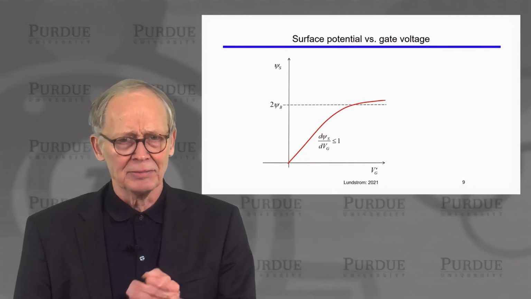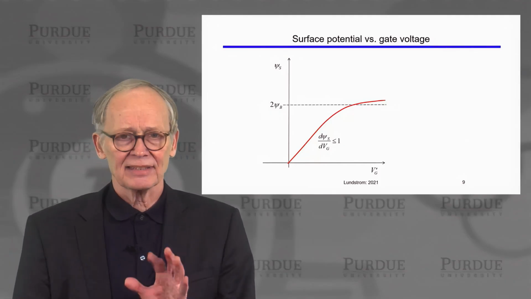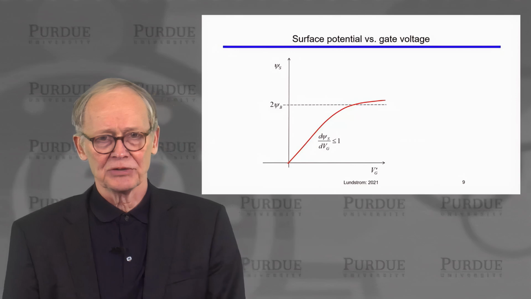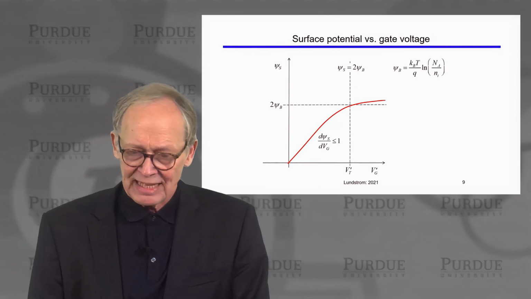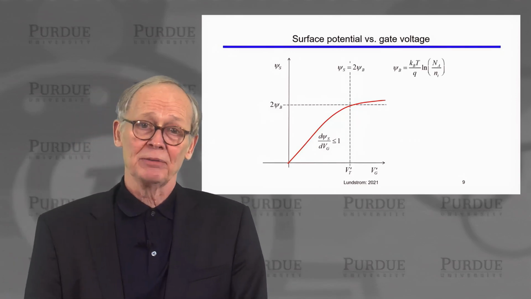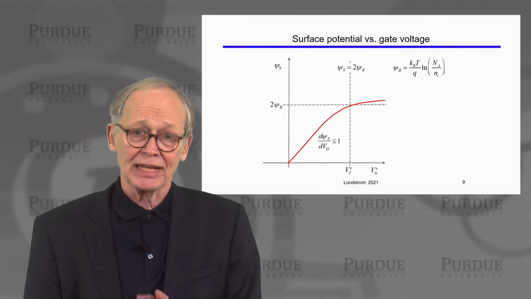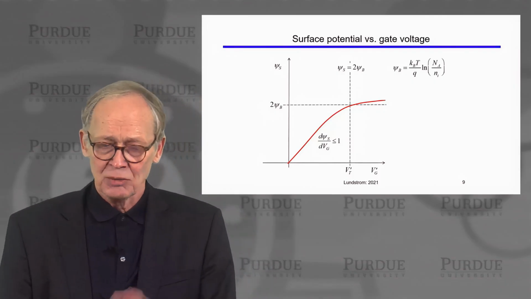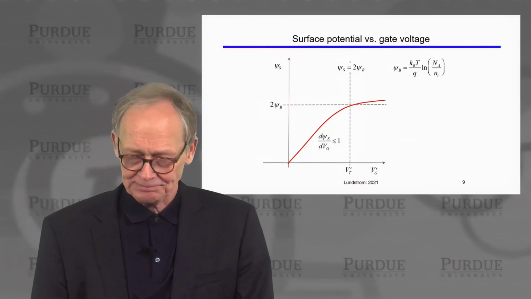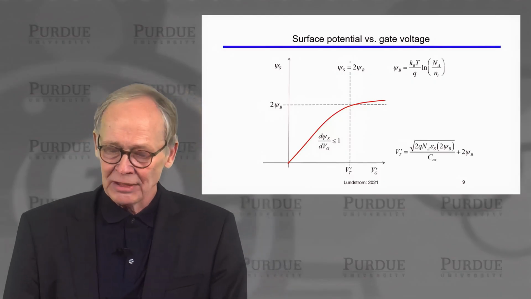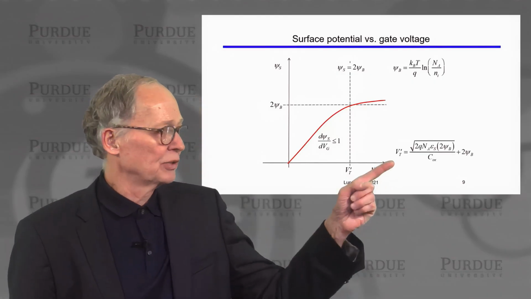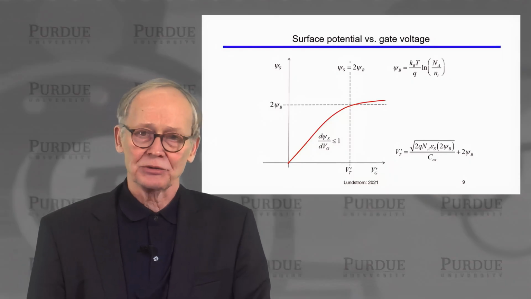That's that parameter m that we just mentioned. But there's a significant variation of the surface potential with the gate voltage. Things change when we bend the bands by 2 psi b and create an inversion layer. That occurs at the gate threshold voltage when the bands are bent by 2 psi b. So we can compute that threshold voltage, and that's an important transistor parameter.